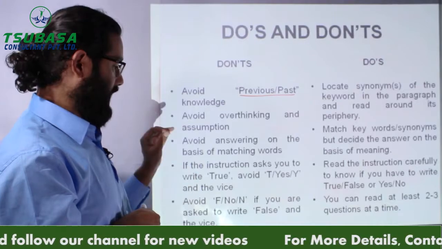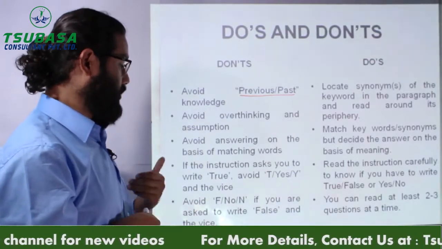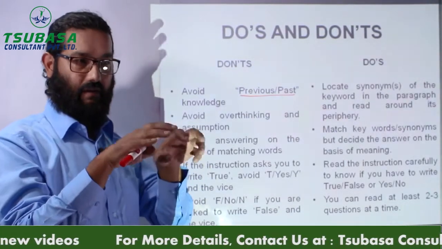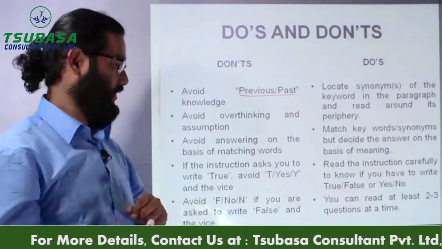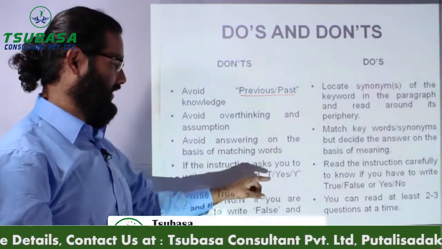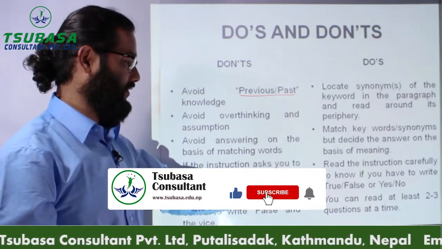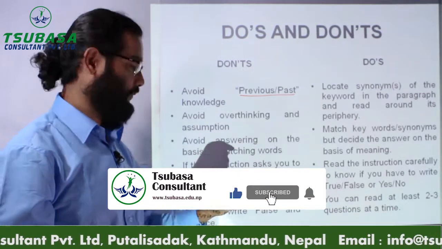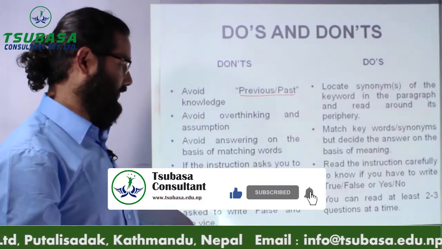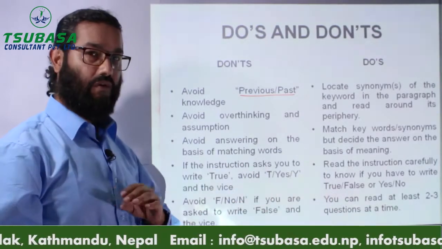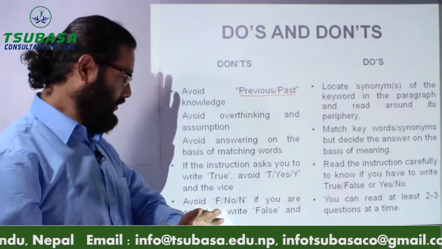Another one: if the instruction asks you to write true, as in true, false, not given, make sure that you don't write T, or you don't write yes, or the initial. Write down true. And vice versa, if it is yes, don't write Y, don't write true.